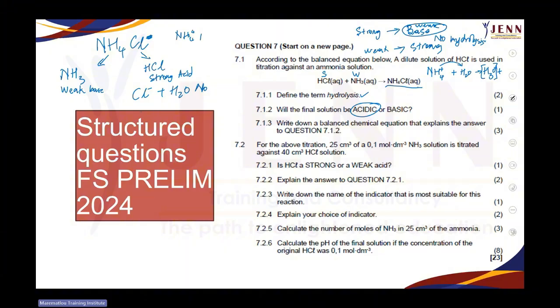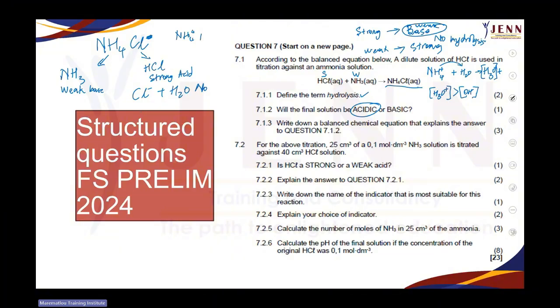If we compare the concentration of H3O+ to the concentration of OH-, we can see that the concentration of H3O+ will increase. So we have more H3O+ compared to OH-.